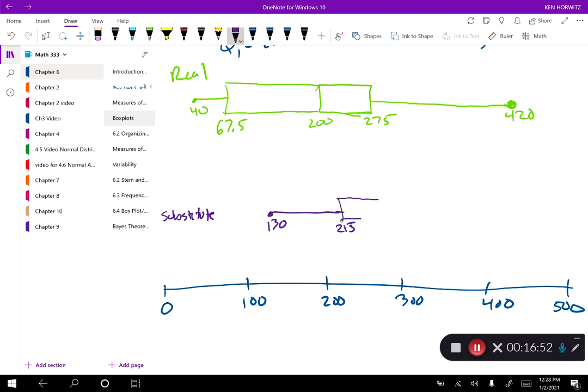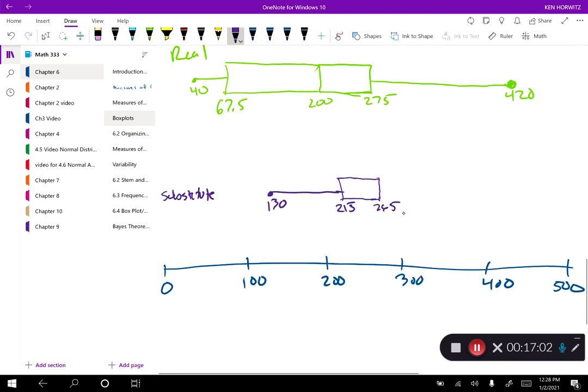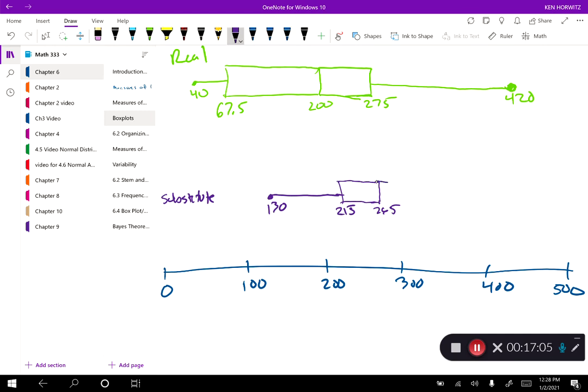So we don't have a long way to go, but just a little bit more than half. There we go, 265. And then my Q3 is 300. So again, not that much further to go. And then I'm going to extend all the way, a little less than half, at 340.